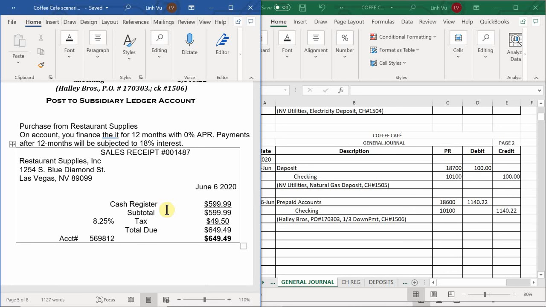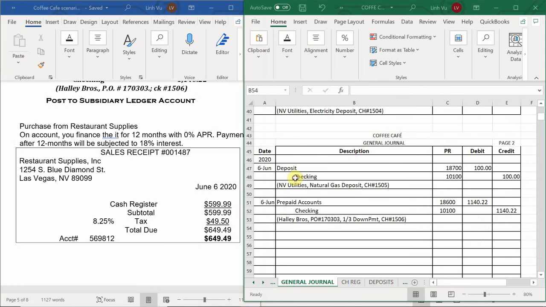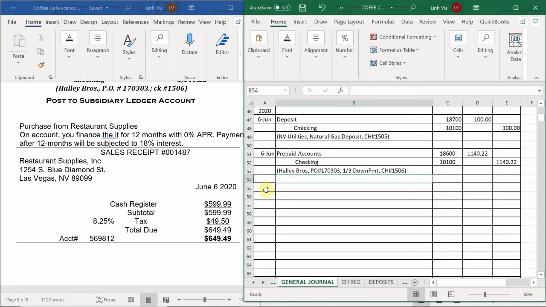Now in this case, a cash register is already ready to be plugged in. You just need to plug it into the wall and it's ready to go. There's nothing you need to set up. As soon as you purchase it, you plug it into the wall, boom, okay? So in this case, how am I going to journalize this? Do I have a cash register account?